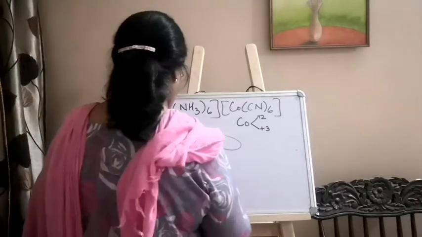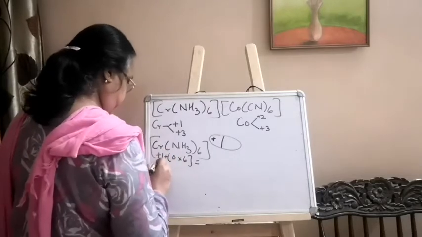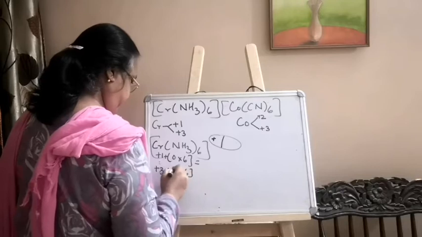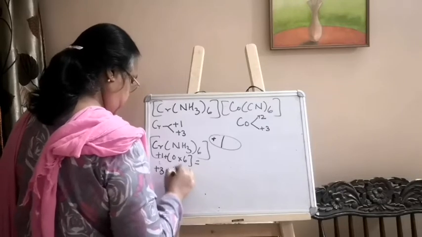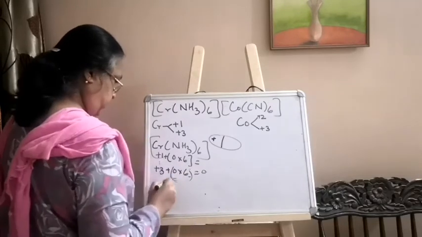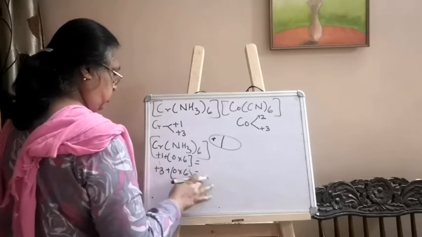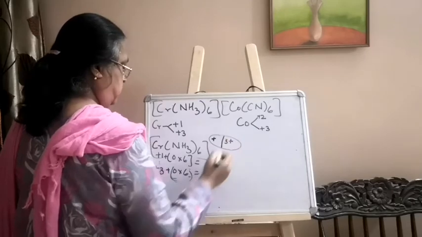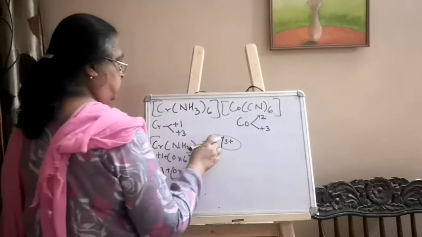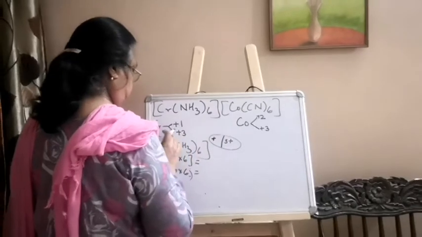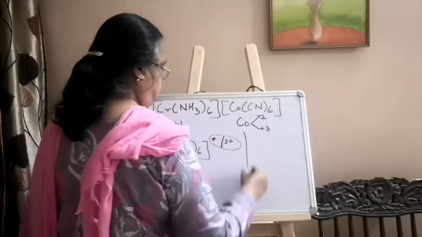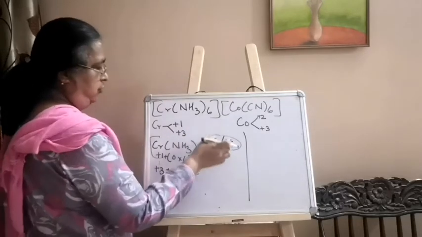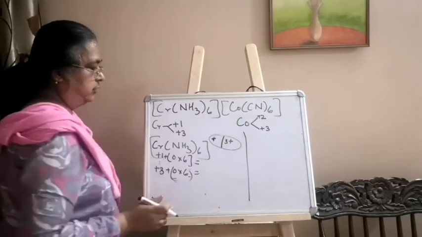Okay, this is cationic part and can have a valency plus. Now with 3 we will do, if we take 3 plus 0 into 6 is equal to 3, the net charge will be +3. So either it will be +1 or +3, any one of the two it could be. And now we will calculate for this cobalt. Still we are not sure which it will be unless we calculate for that.